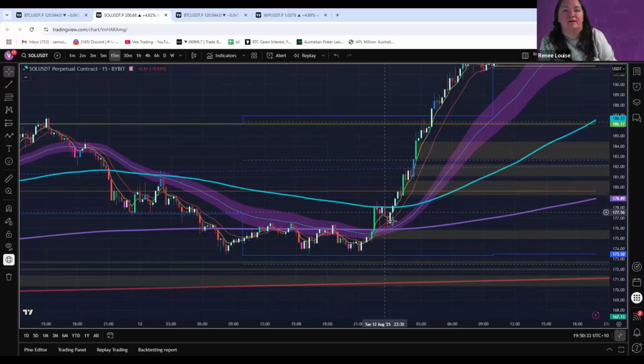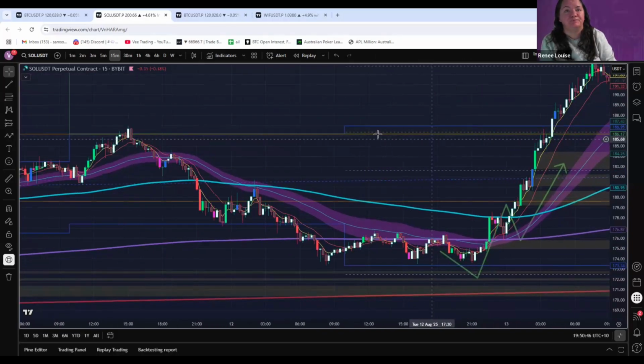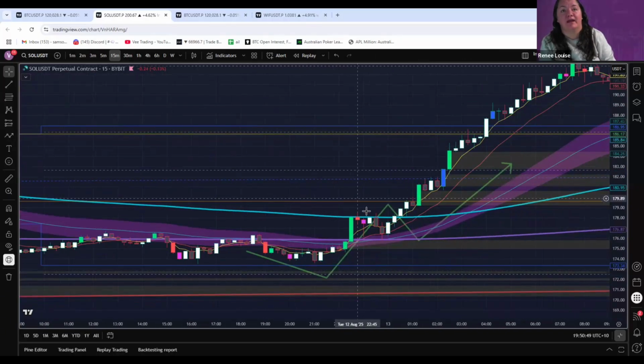And then we've got this bounce off of the 50. This move here is a very standard bullish impulse move. You come up, you break, you retest, you touch the 50, and it's touching the 50 and the 200 and then pushing off. So this is a very strong move.